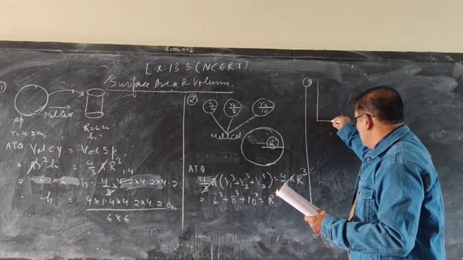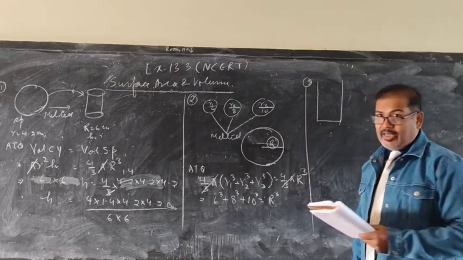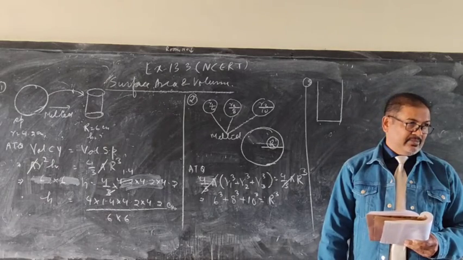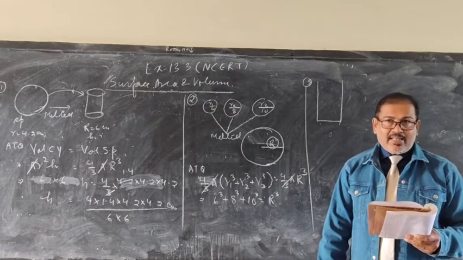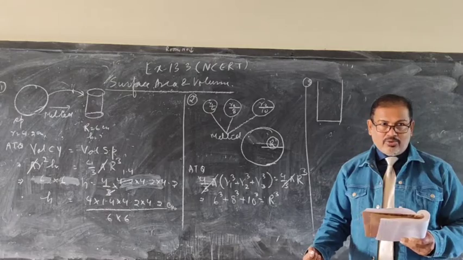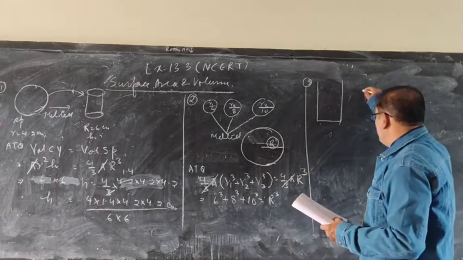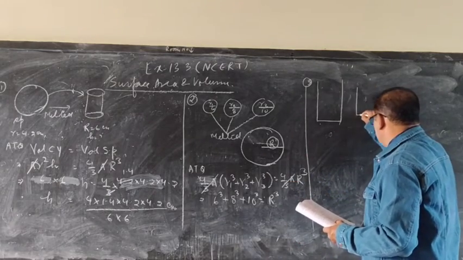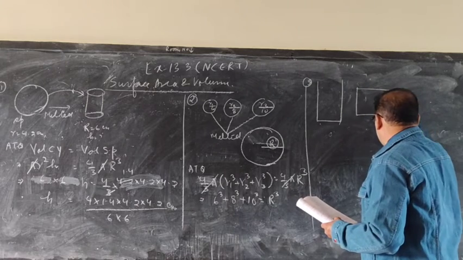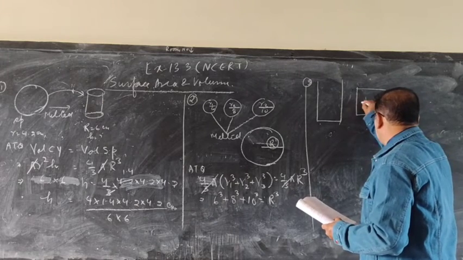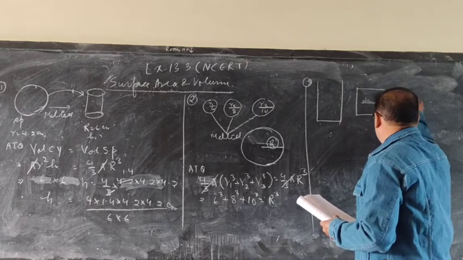Here a well is dug. And the earth that is taken out from this well is spread on a piece of land of which we have given the length and breadth.